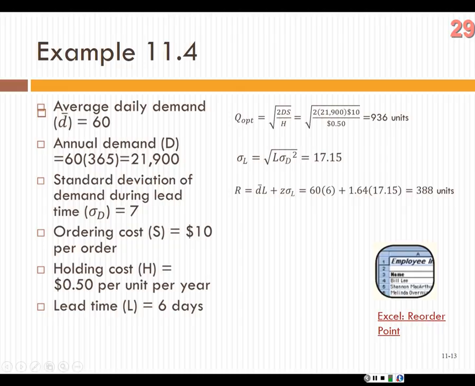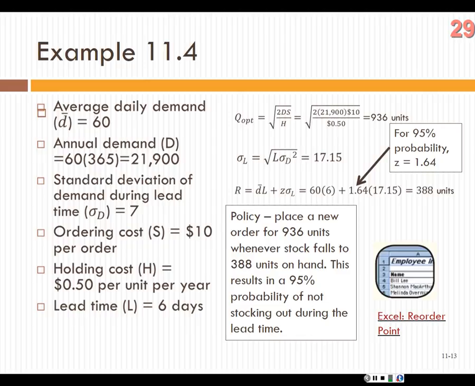So then we calculate our reorder point as 388 units for that 95% probability, where our z-score was 1.64. So your policy is place a new order for 936 units, because that's your economic order quantity, every time stock falls to 388 units on hand, and that results in a 95% probability that you won't stock out, right?